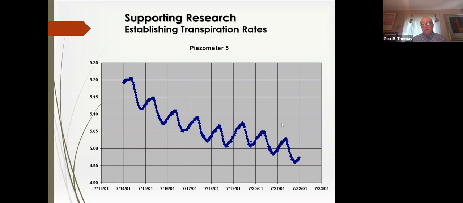expect from these trees. We also measured drawdown in response to daily evapotranspiration, and then looked at that from a hydraulic standpoint in order to calculate evapotranspiration based on drawdown. The two corroborated each other well.